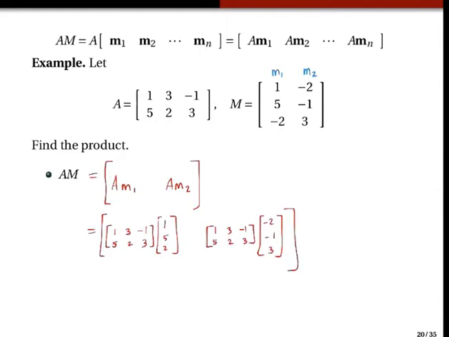Okay? So this is like looking at the multiplication in an easier way. Because in here, you have your column 1 and column 2, and you have row 1 and row 2, and then you just have one column to multiply.